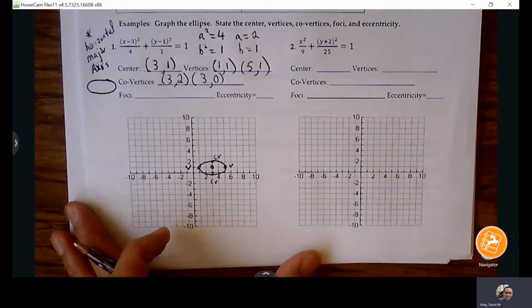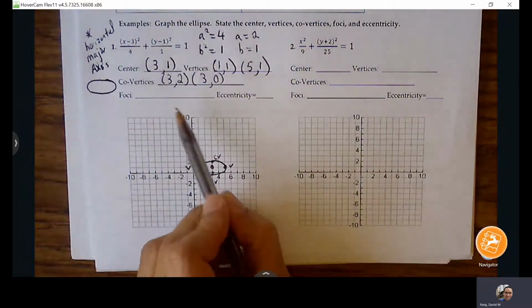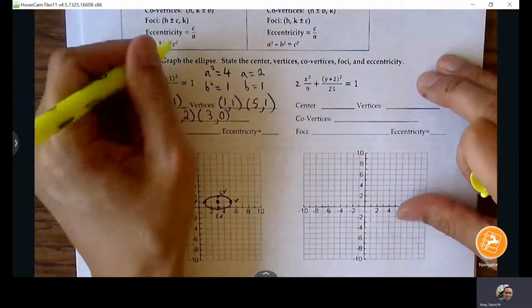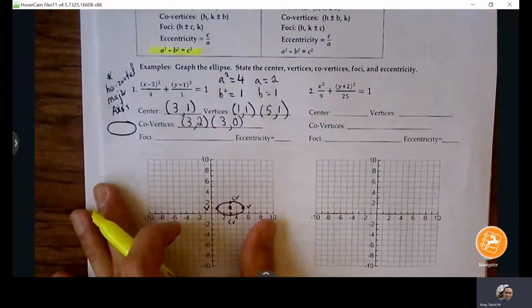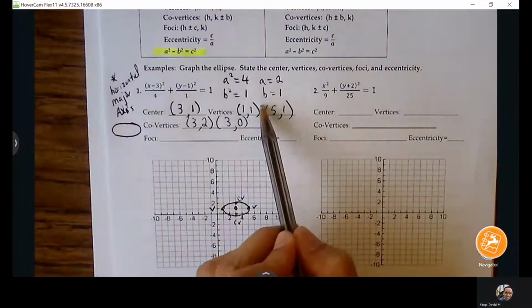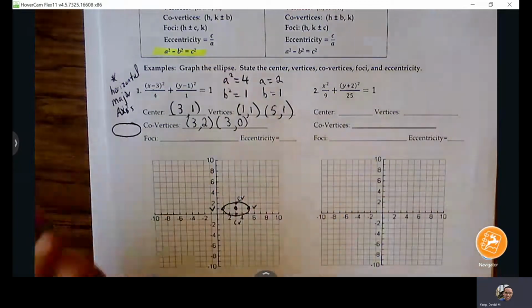Okay. Now, to find the focus or the foci, there's a formula that we're going to use. The equation that's going to connect A, B, and C together kind of looks like Pythagorean theorem, but not quite. It's going to be A squared minus B squared equals C squared. We have A and B, so we can find our C value.